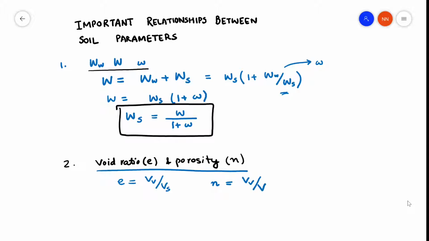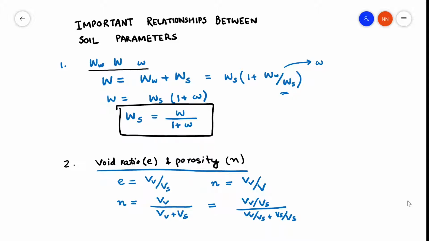Now, if we simplify this, we can write N equals VV, and the total volume can be written as volume of voids plus volume of solids. Now we divide the numerator and the denominator both by the volume of solids. So we have VV over VS, and then we have VV over VS plus VS over VS.